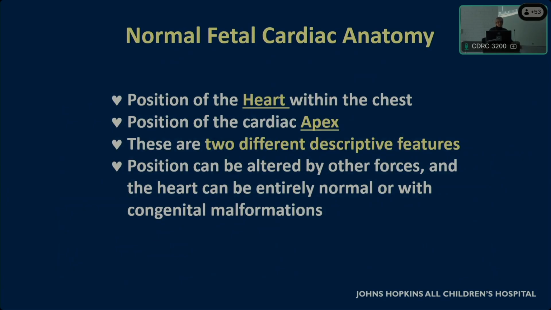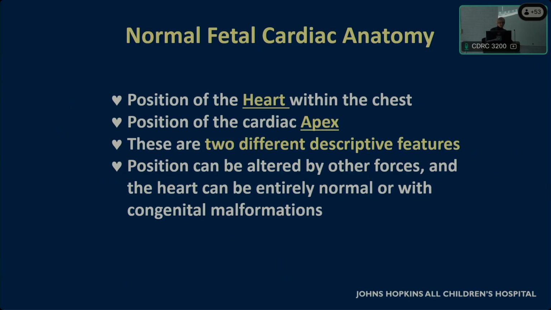So some of this is going to be repeat of what we saw earlier today, but there's nothing wrong with a little repetition to help us learn things. So when we look at the heart in the chest, we look at its position, and we also look at where the apex is. They are two different descriptive categories, because you can have these two descriptive features that don't go along with one another because of other opposing forces.